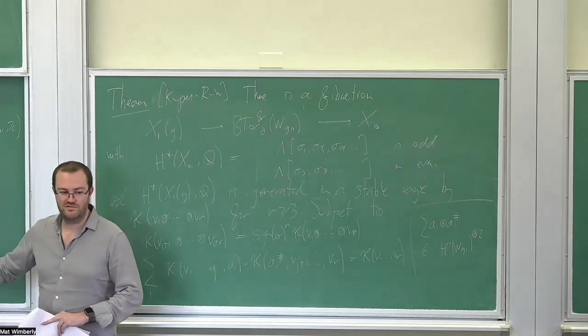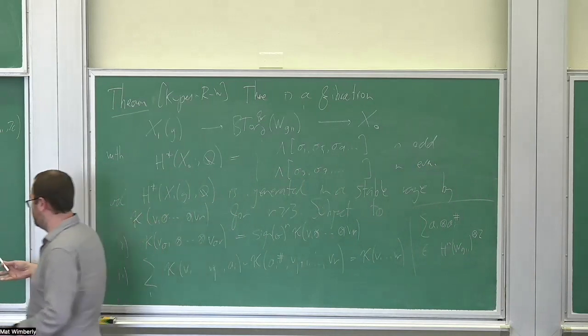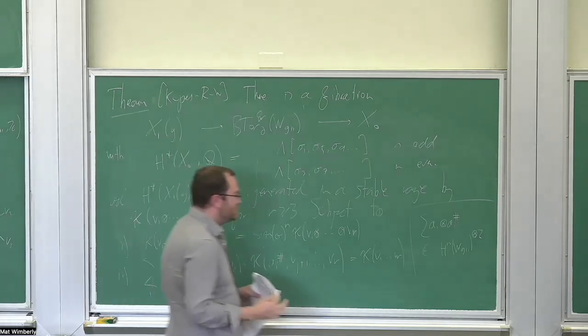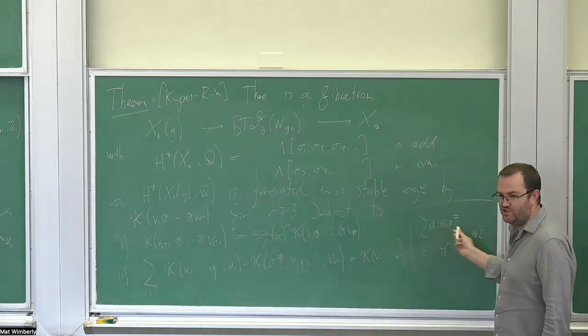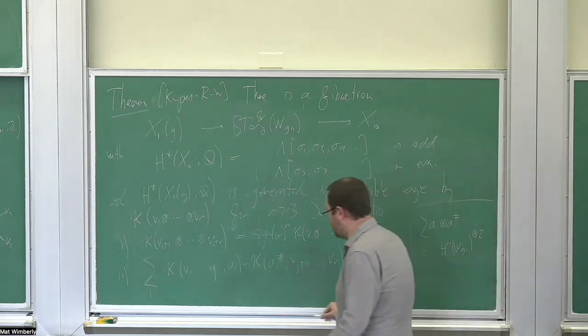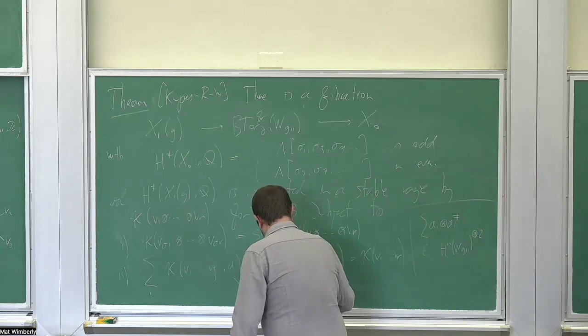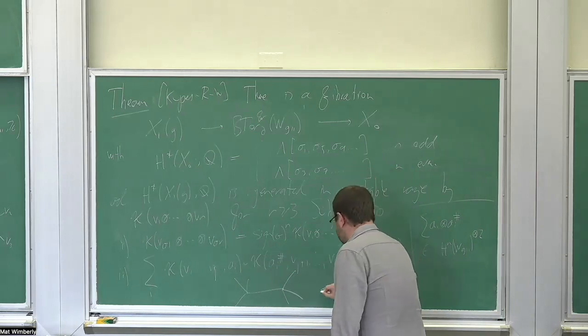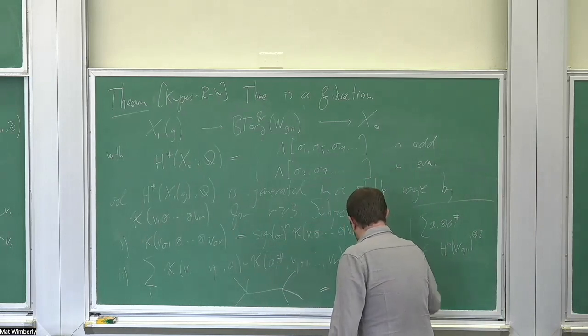It's very advantageous for turning formulas into pictures to think of this class as a corolla, meaning a graph with one vertex and some legs, where the vertex is whatever it is, and the legs are labeled. And it's very advantageous to think of this element as an edge. And therefore, it's very advantageous to think of this formula as saying two corollas with the edge between them is the same as the thing you get by collapsing it.